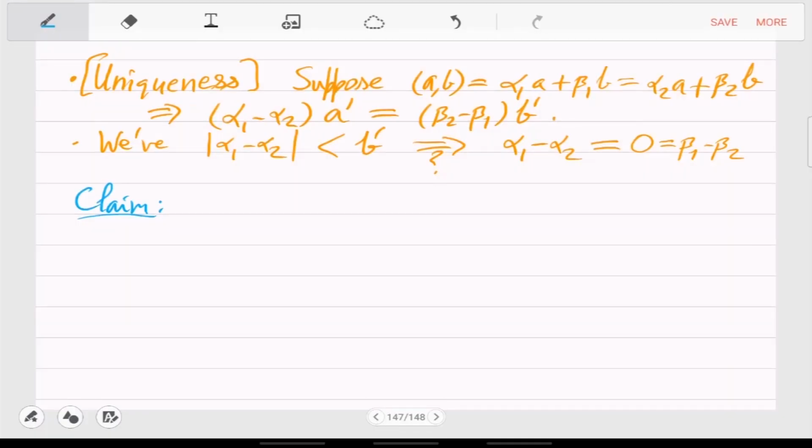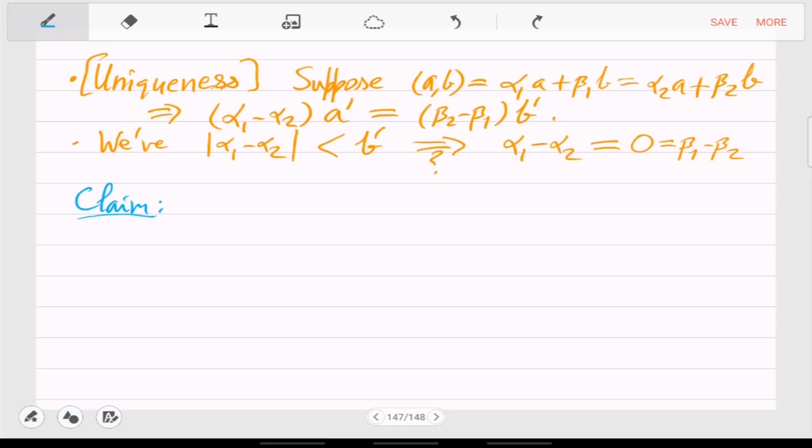Let's prove that claim first. So I want to show that, let me use a different notation here. This is a general claim.